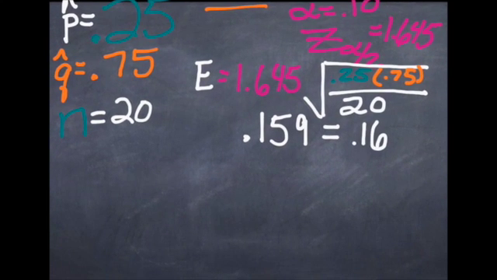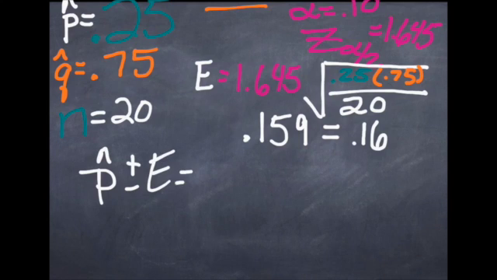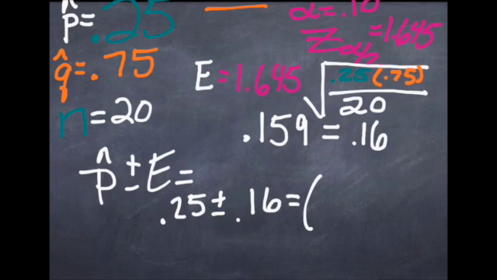So when we add and subtract that to our p hat, 0.25 plus or minus our error of 0.16 will give us values from the range of 0.09 through 0.41.